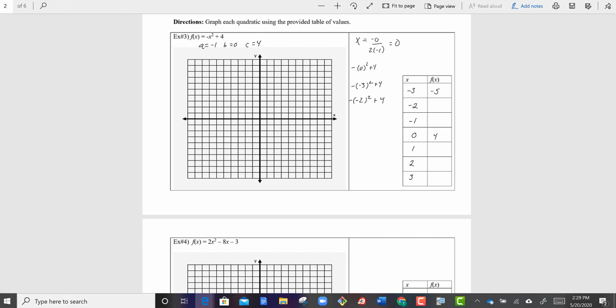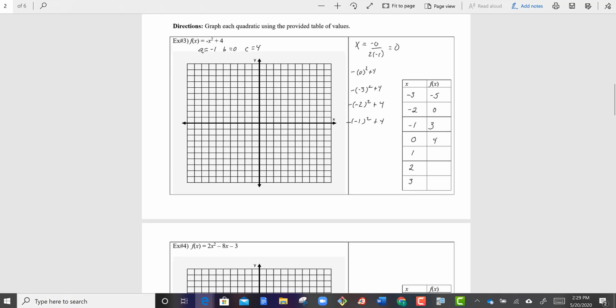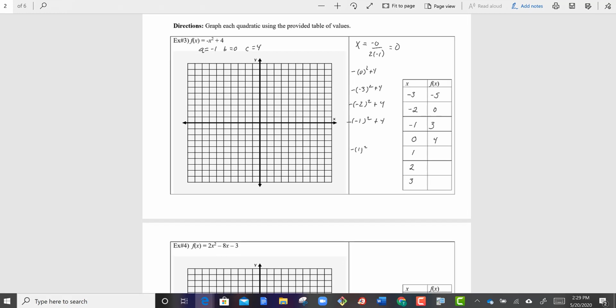And let's just do this all the way down. We get 0. And we get 3. Now we do it to the other side. It's going to be 3.